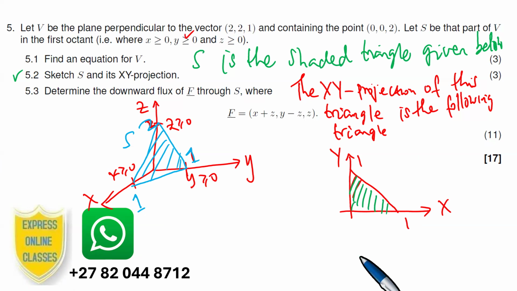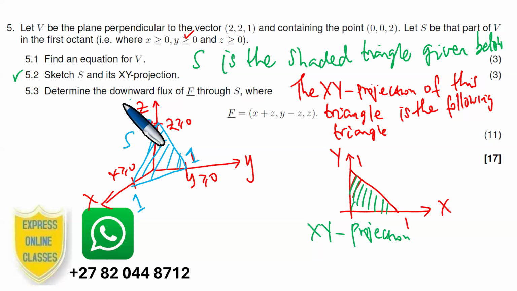So now we have done the XY projection, which is just the image, or the shadow, of this in the XY plane. Now we are done.